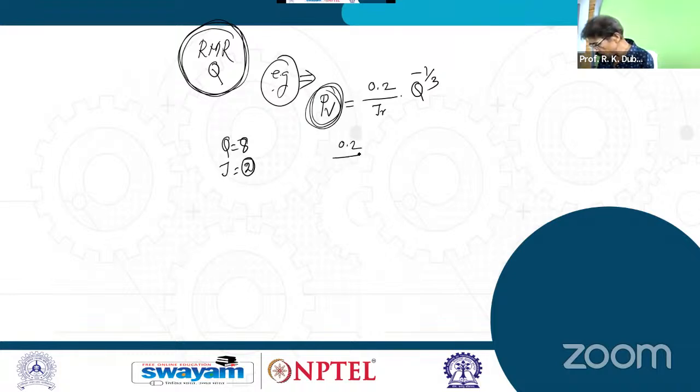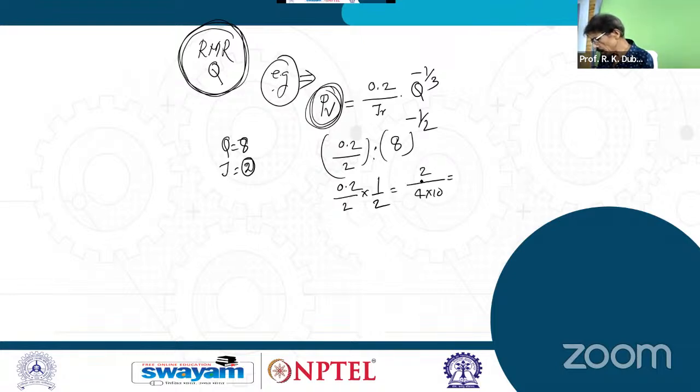Here 0.2 divided by 2, into 8 to the power minus 1 by 3, which becomes 1 by 2. So 0.2 divided by 2, into 1 by 2. In this way you get the value of the load.